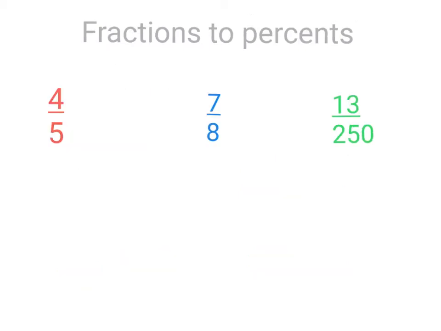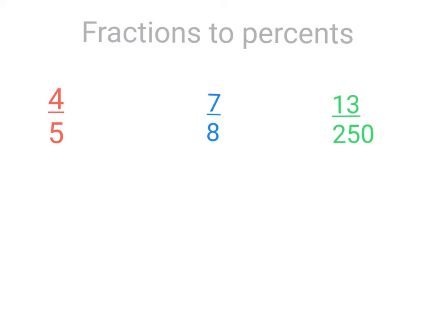Keep going. All right, but how do we turn fractions into percents? Well, just like we turned a percent into a fraction over 100 and then simplified it, now we need to go from our simplified fraction to a fraction over 100 and then turn it into a percent. So let's go to 4/5.